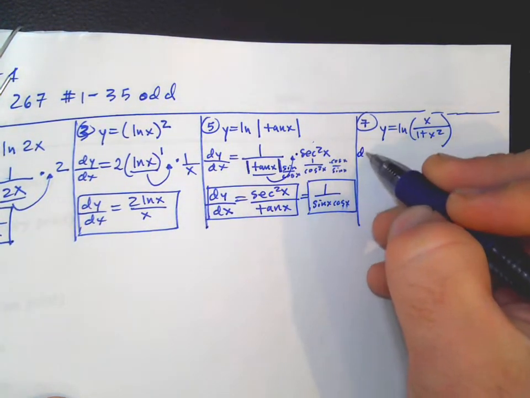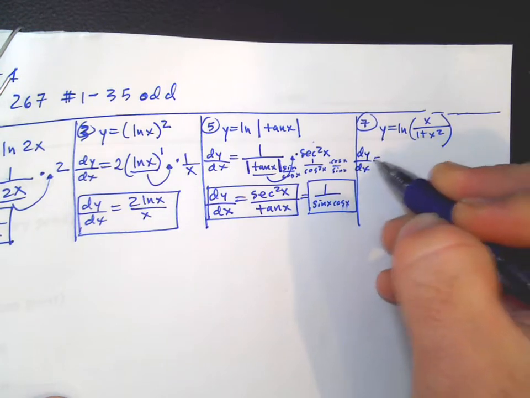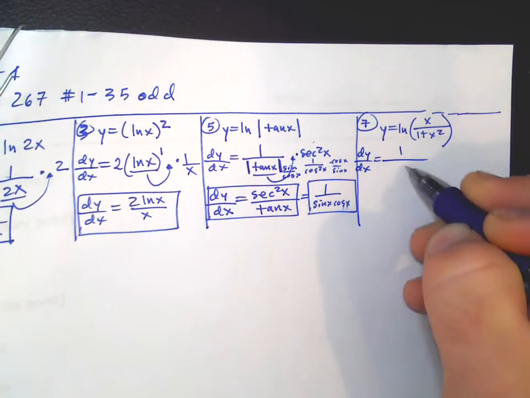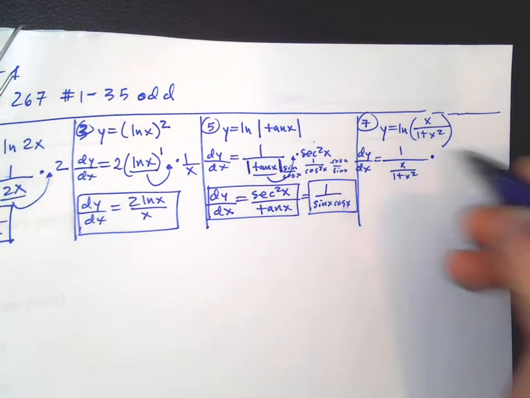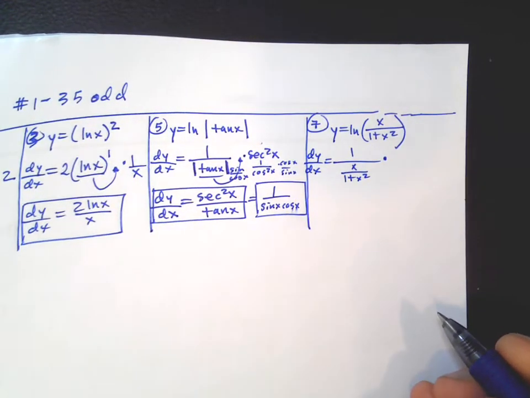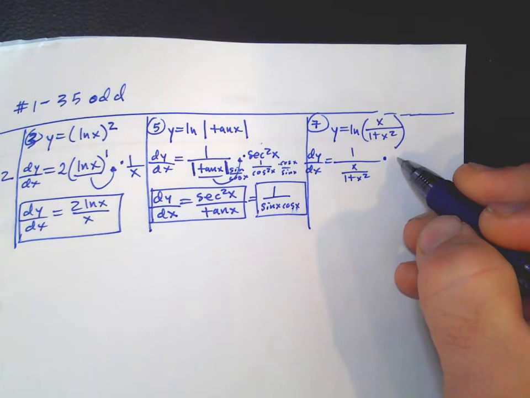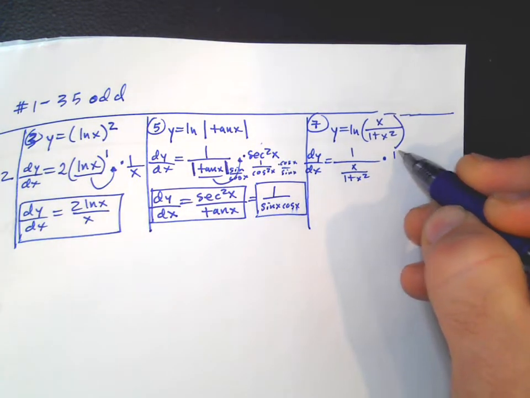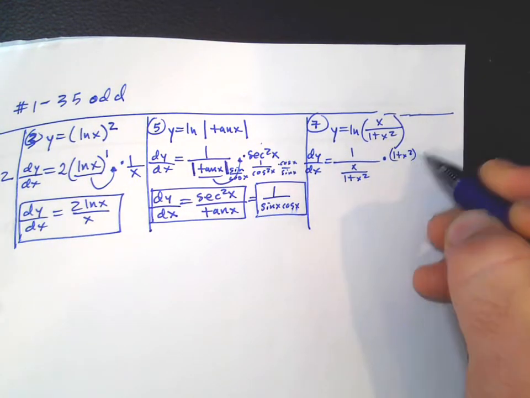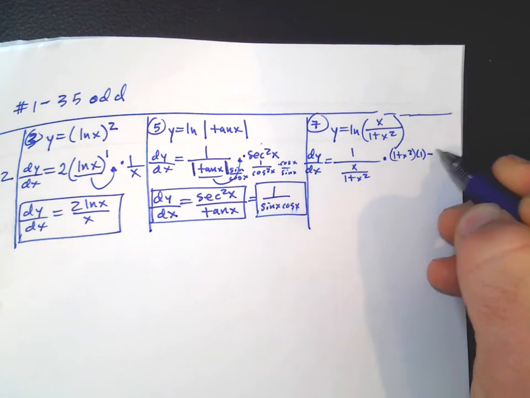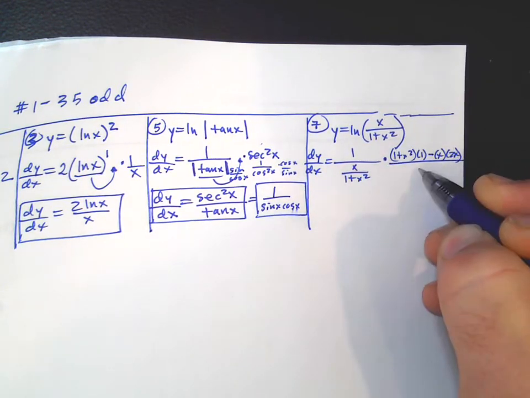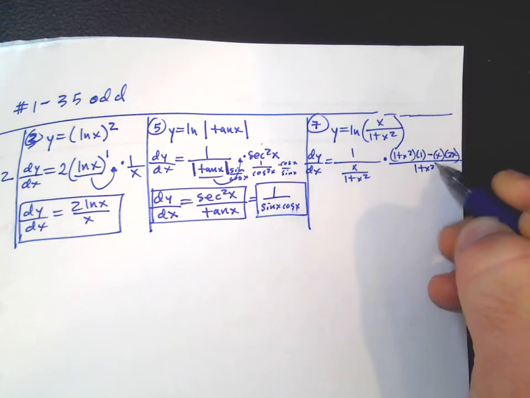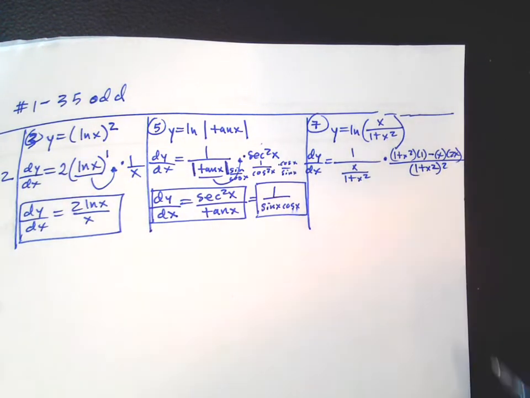So the derivative of this, dy dx, equals 1 over what's inside. So all of this is in the denominator. And then you got to multiply by the derivative of what's inside. So that's going to be quotient rule. So it's going to be low d high minus high d low all over low squared. This one's messy.